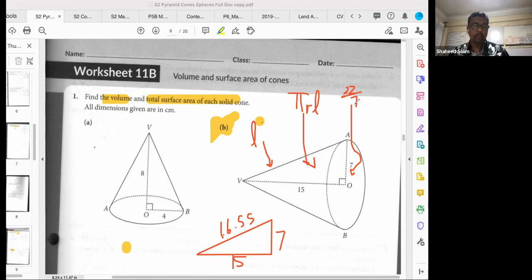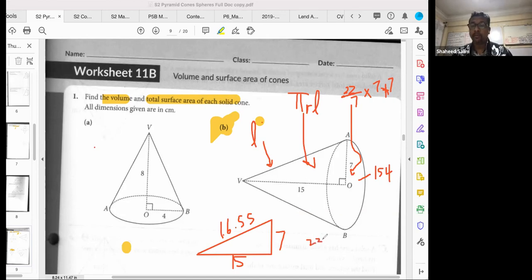Total, yes. Okay, so you must find total. 22/7 times 7 times 7. So what do you get? 22 times 7 to 144, is it? 154. So down here is 154. Okay, this one now. How to find the curved surface area?